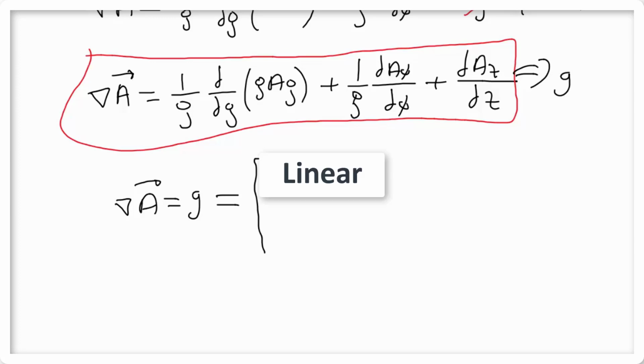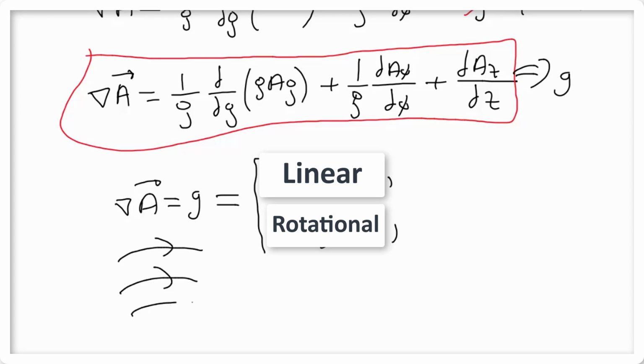Which is equal to, let's say, linear and cyclic. In which cases we call it linear and in which cases cyclical. Now this means that, guys, the arrival of the results of divergence is the operation where we question whether the field lines emerging from a source reach the source again or not. Is the line coming to the source or not? Okay.